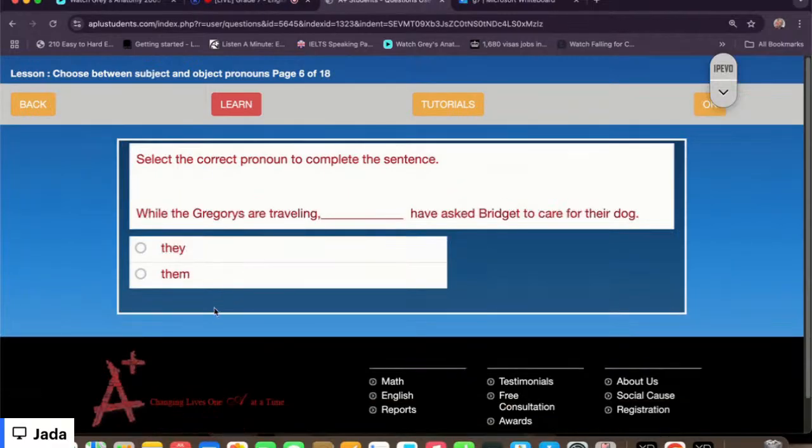Okay. So while the Gregories are traveling, blank have asked Bridget to care for their dog. They or them?